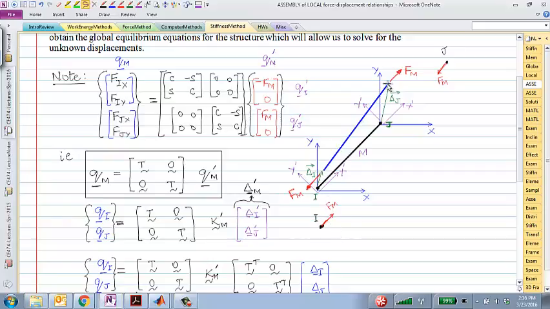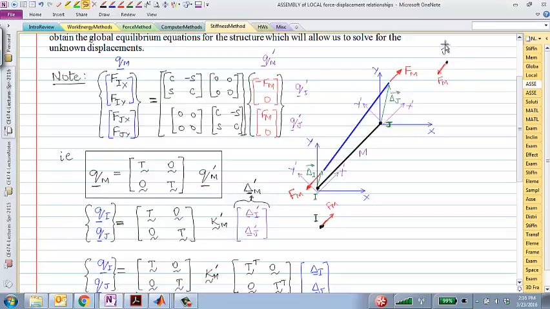If the member is in tension and the force Fm on the element at node I is pointing in the negative x prime direction, it will be pointing in the positive x prime direction on node I. Similarly, on node J, if the force Fm is here pointing in the positive x prime, it would be pointing in the negative x prime on the actual node. Why is this important?